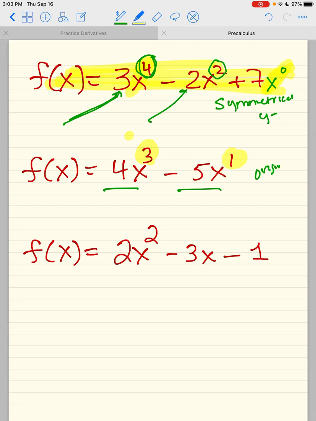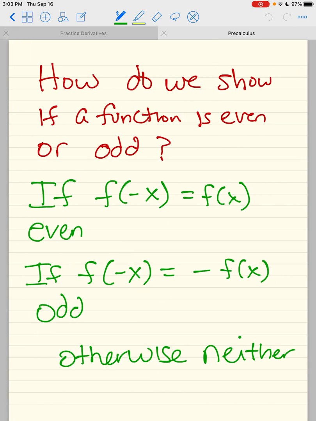This is neither because we have an even exponent and an odd, so it's neither, okay? So even, odd, neither.